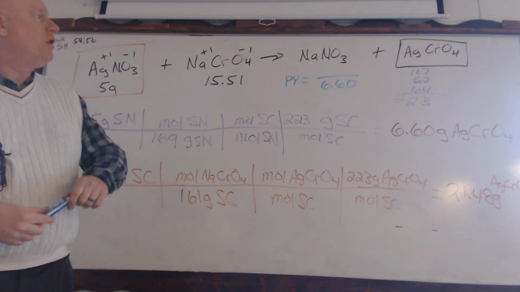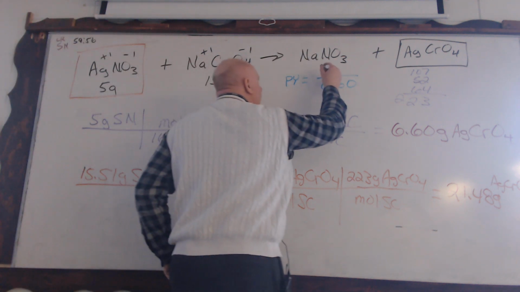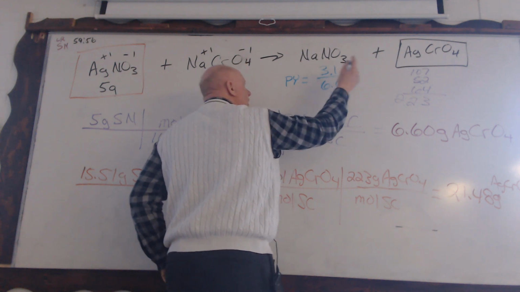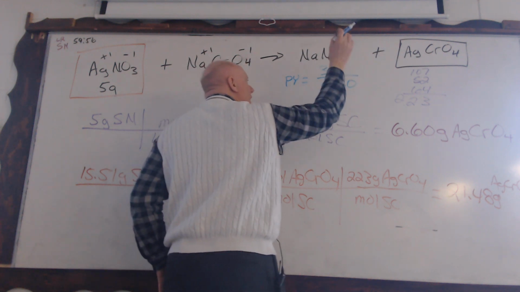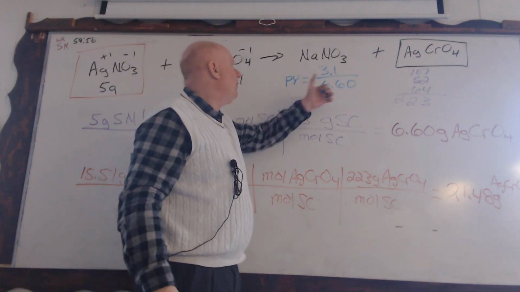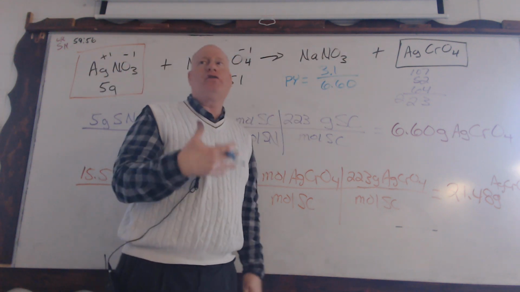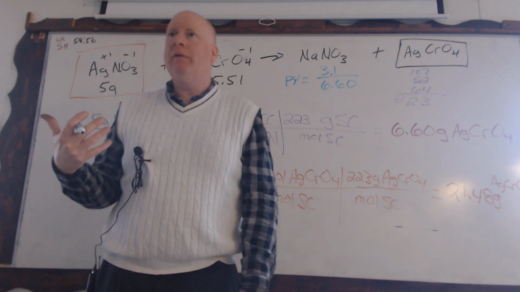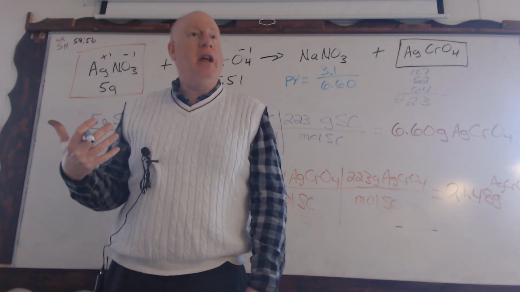So the point is, I've heard 3.1, I've heard 6.2, whatever number you just measured for the second time today, that goes up top, that is your percent yield. There's no right answer for this. A lot of things can change.